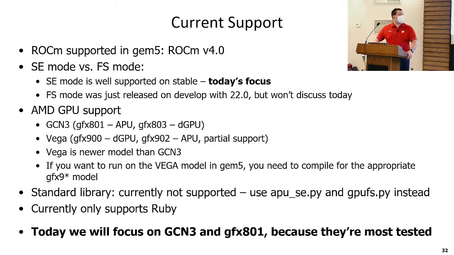Question? I just wanted to ask, what did Vega introduce? Great question. The question is, what are the differences between Vega and GCN3? There are like 1,000 differences, so it's probably not the best use of time to go through it today.